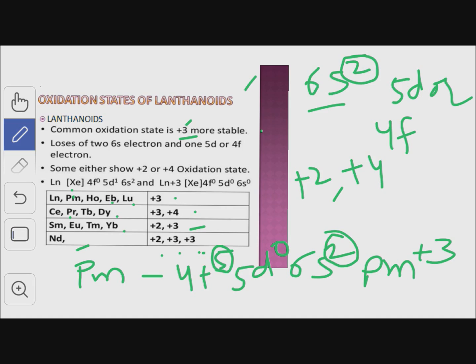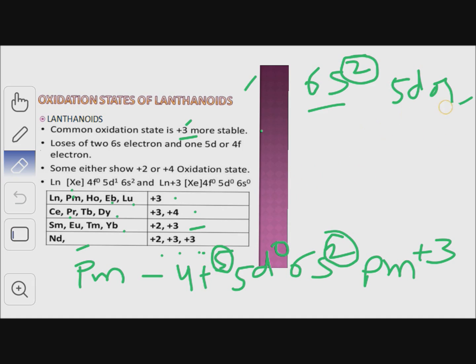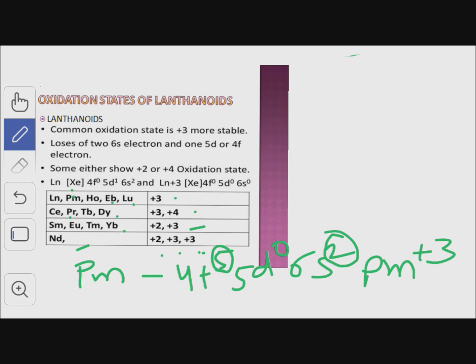The next example is cerium, which exhibits two oxidation states by losing 3 and 4 electrons. The electronic configuration of cerium is xenon 54, 4f2, 5d0 and 6s2.